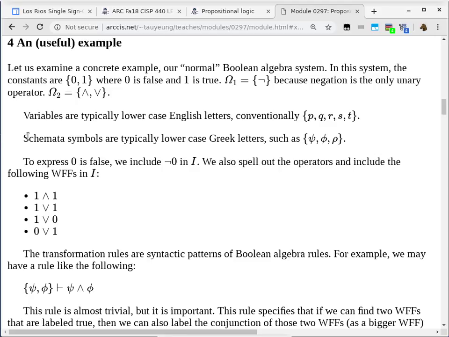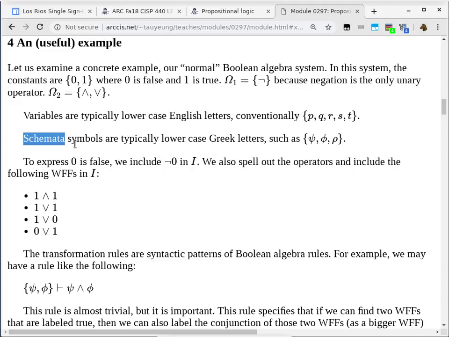And then we have something that's stranger. It's called a schemata. Schemata are symbols that typically use lowercase Greek letters. In this case, we have psi, phi, and rho. Sometimes we have more, sometimes we have less, but they're usually Greek letters. They're a little bit special, so we'll get to schemata a little bit later and find out why they are useful.